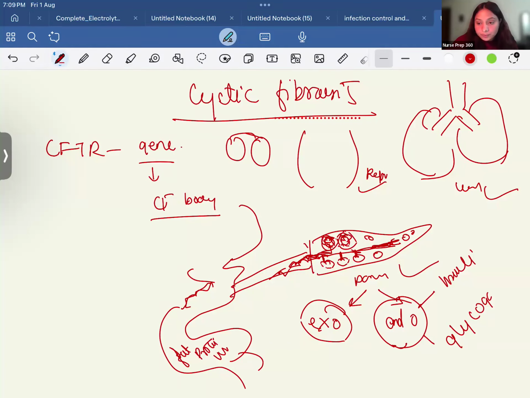Is your cell made up of protein, glucose, carbohydrate, and fat? Yes. So if protease, amylase, and lipase stay longer in your pancreas, it is going to auto-digest itself.